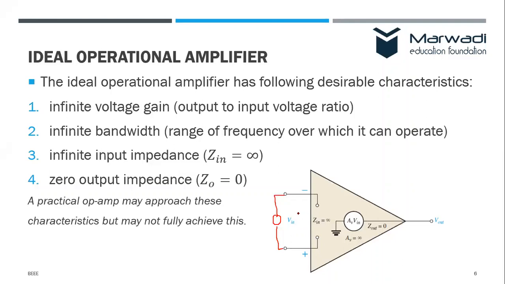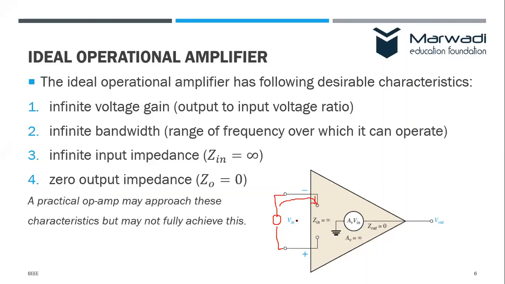Now, when the signal is already weak, we want the current flowing through this input path to be very, very small, right? So what we want is that this impedance, or you can say resistance, in a very simplistic manner, you can call this a resistance, let us say, right? So this resistance or impedance should be infinite. It should be very, very high, so that the amount of current which will flow in the input circuit is almost zero, right?